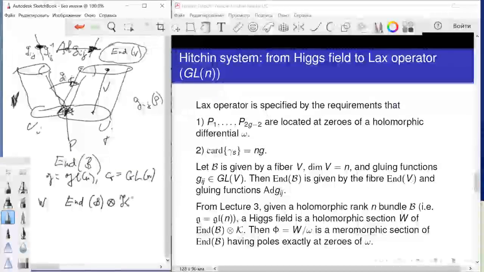Let me recall that the canonical bundle is the bundle whose sections are meromorphic differentials or one forms. So we take a section of this bundle.